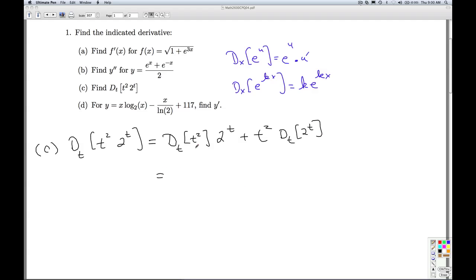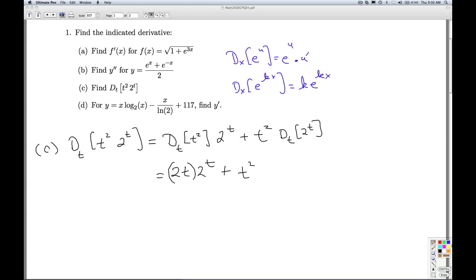The derivative of the first factor, t squared, just follows the power rule, so I get 2t times 2 to the t plus t squared times, and now I need to take the derivative of 2 to the t.